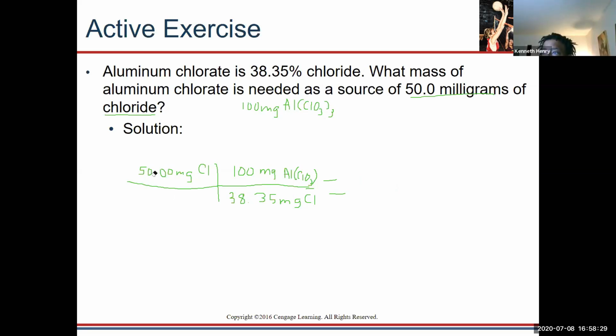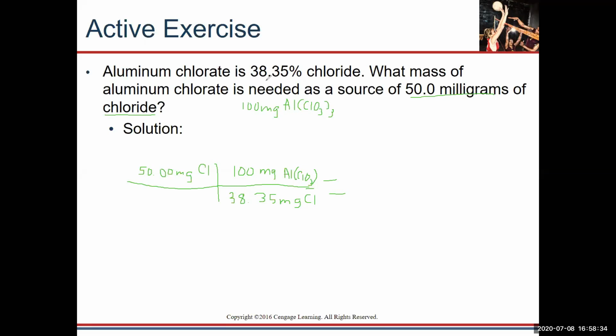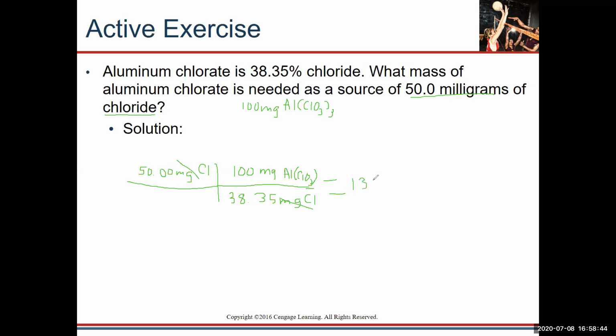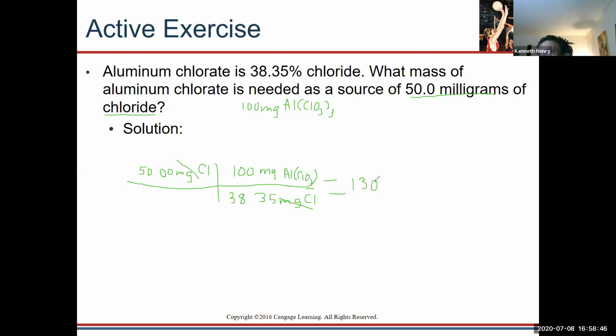You're using the 50.00? Is that what you're asking me? Yeah. And then it would be 130, right? So it'll be 130. How many sig figs will we have? Oh, I get carried away with my zeros here.